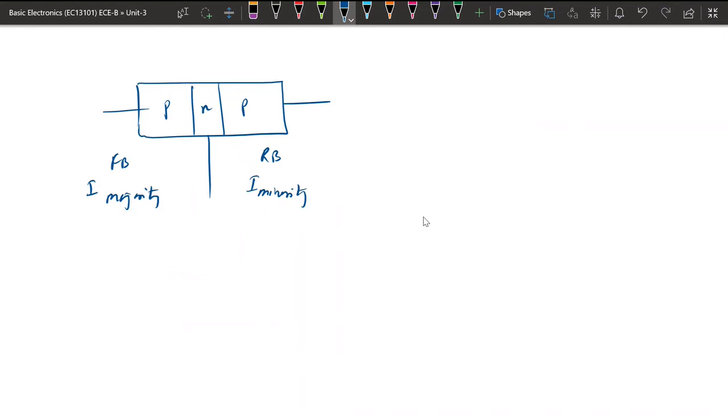So overall the current will be because of the majority current as well as the minority carrier current. Okay, so the final current that we are going to get is IC majority plus IC minority.